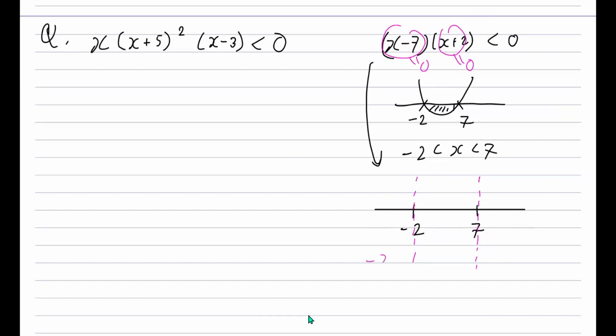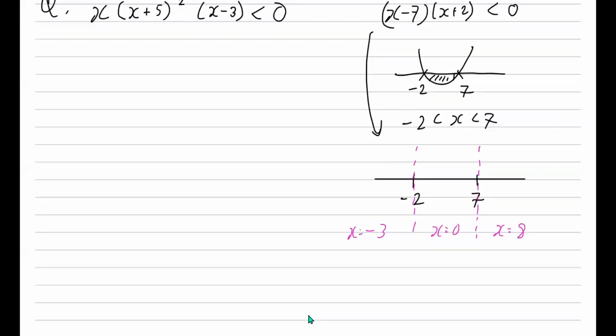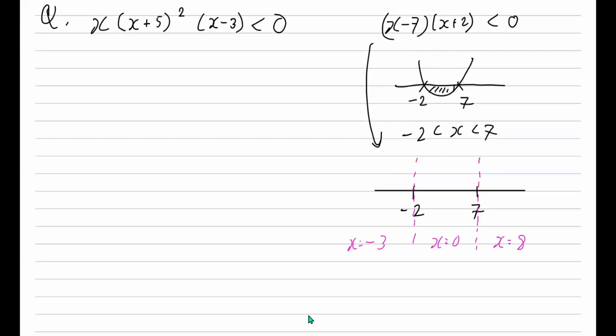Let's pick maybe x equals -3, x equals 0, and x equals 8. So in this case, we get (-3 minus 7) times (-3 plus 2). This is -10. This is -3 plus 2, -1. So negative times negative becomes +10. So we put a plus sign here. And if you do the same for the rest, you get negative and positive.